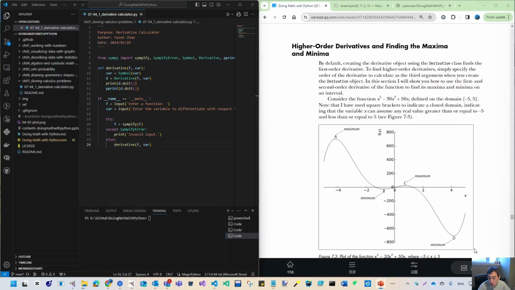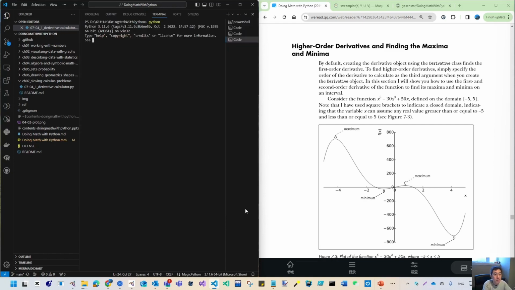Let's make some demos. We will find this derivative, and then try to find the maxima using this newly learned higher order derivative. But first, let's start with the simple one. From sympy import symbols and derivative. I think that's enough.